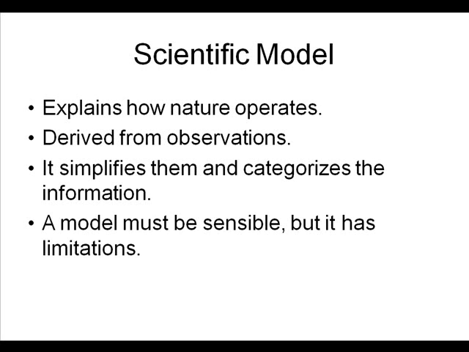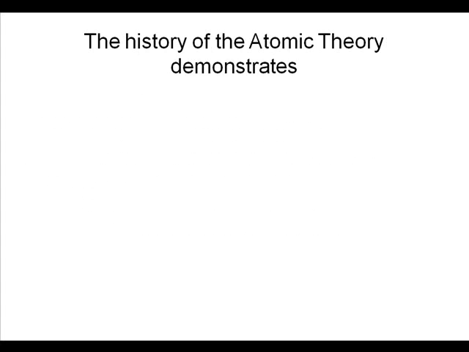It has to be sensible, meaning that you can't say Martians came down and took away something and that explains things. It has to be reasonable and sensible. But as with all models, it's limited. And one of the things that science is always doing is exploring models such as plate tectonics or models of how the atom works, and it further refines those models.